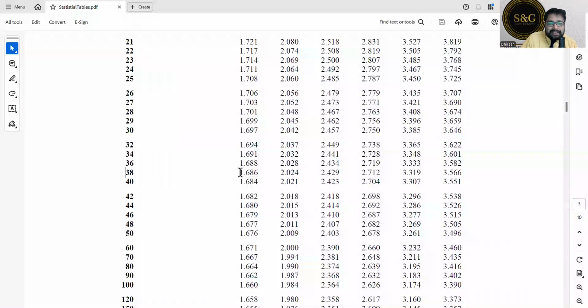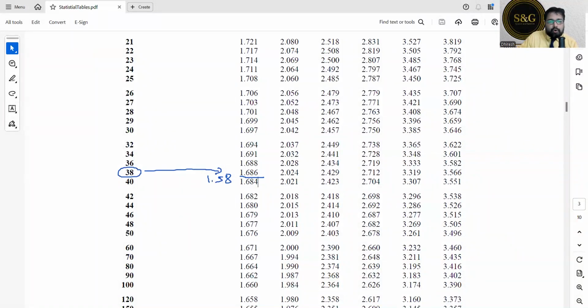So 38 and 1.5. So 1.58 is even less than that. Can you understand this? So this is my 38. And if I see here, my lowest value is 1.6. So my 1.58 will come somewhere here. Are you understanding?